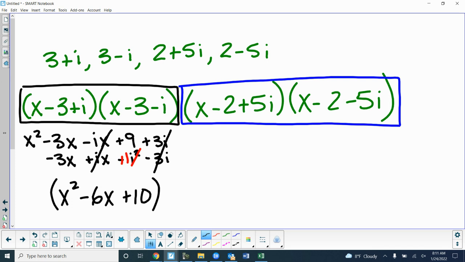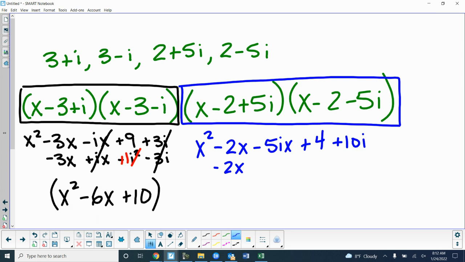Questions? All right, we'll do the same thing for the next one. x times x, x times -2, and x times -5i. So there's those three. -2 times x, -2 times -2, and -2 times -5i.